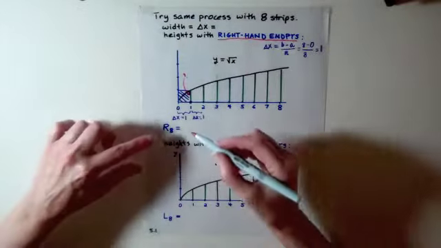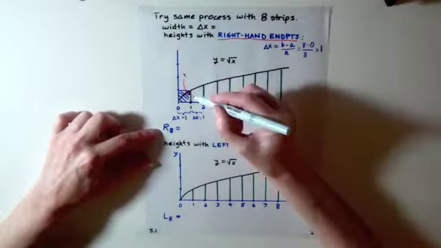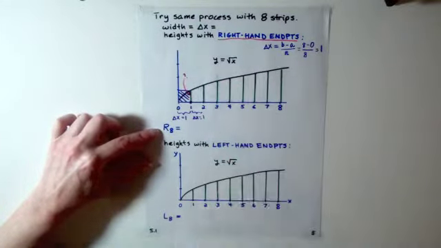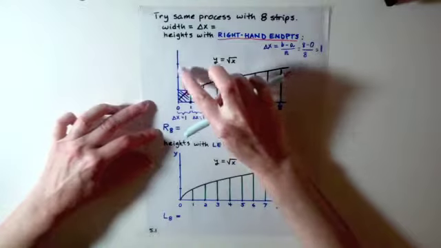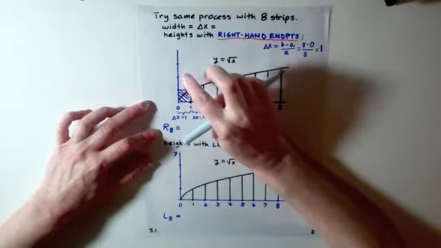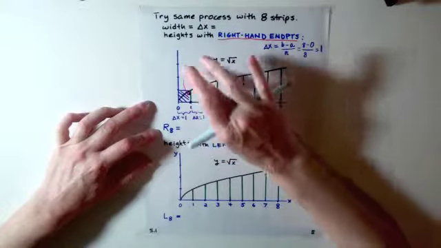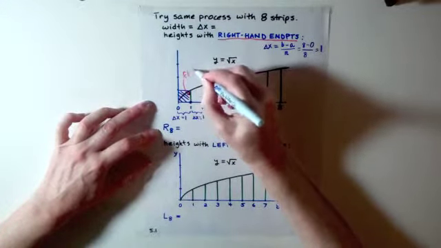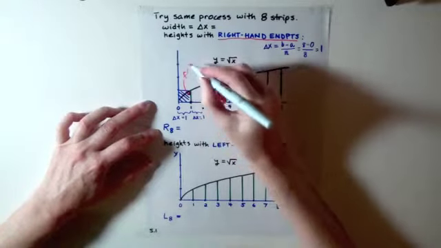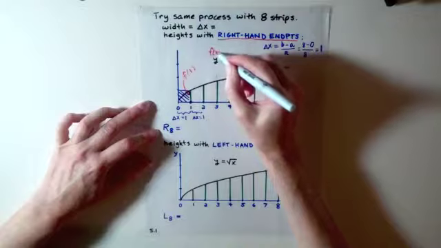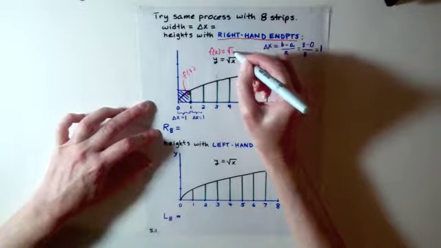Okay, well, let's go ahead and work on trying to find the area of this first rectangle. We need to find what the height is here, and remember that we just need to find the value of our function at this x value, an x value of 1, so we'd be finding f of 1, where f of x in general is square root of x.